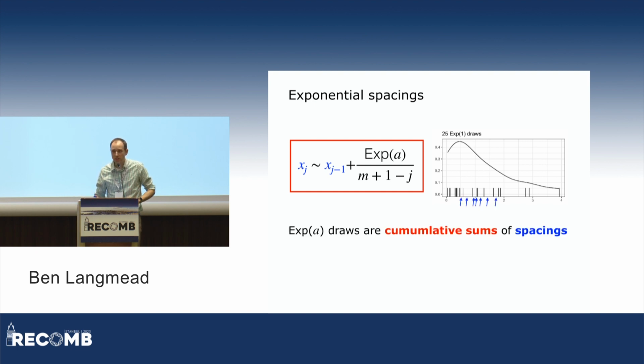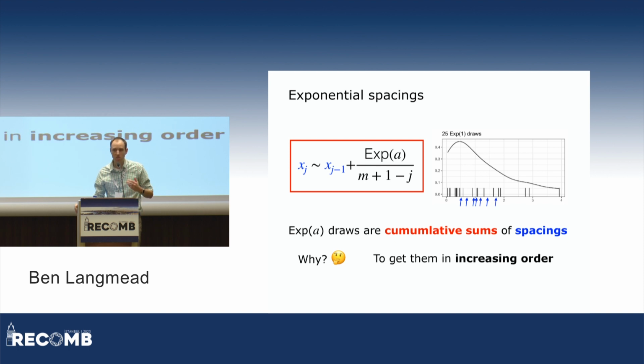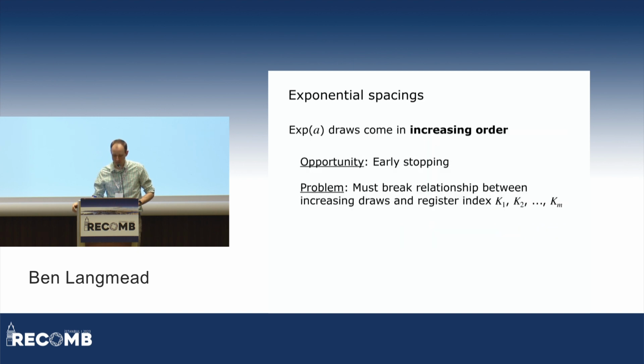Why would we do it this way? It seems a little indirect rather than just calling the random number generator m times. And the answer is we can generate new exponential random draws by doing cumulative sums over the spacings, which gives them in increasing order. And that's going to give us an opportunity to do early stopping in a moment. It also comes with a problem, which is that if the exponential draws are in increasing order, we now need to break the relationship between those increasing draws and the registers 1 through m.